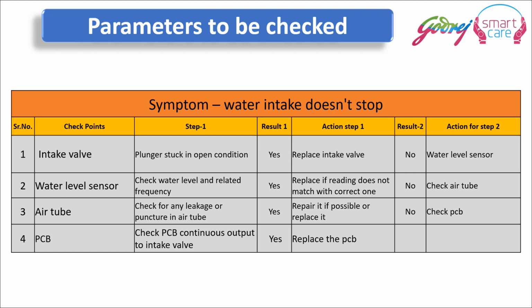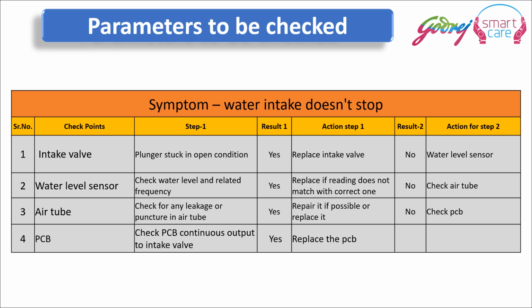In case of the intake valve, we have to check whether the plunger is stuck in an open condition. In that case, we have to replace the intake valve. Then we have to check the water level sensor, the water level and its related frequency. If it is okay, we have to check the air tubes for any air leakage or puncturing in the air tube.